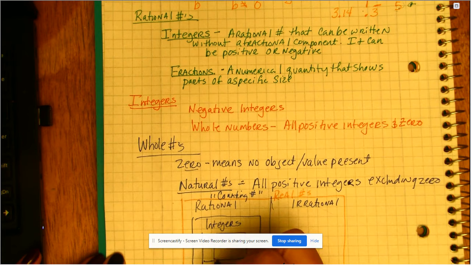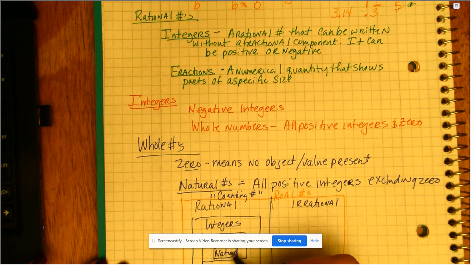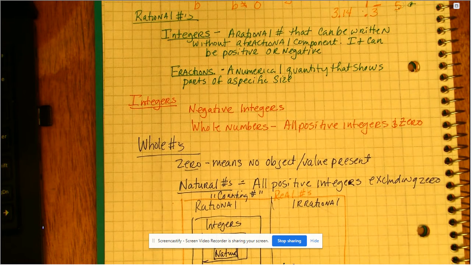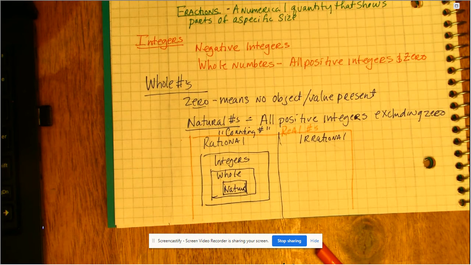And inside whole numbers, we have natural numbers. So for integers, we know the only part of integers that winds up going into whole numbers are the positive numbers and 0. Only ones from whole that go into natural are the positive integers. And we don't include 0. That's kind of a breakdown graphically of that. I'll put that up a little bit further. So that is the breakdown of the real number system.